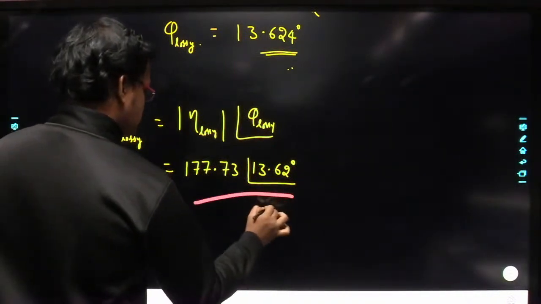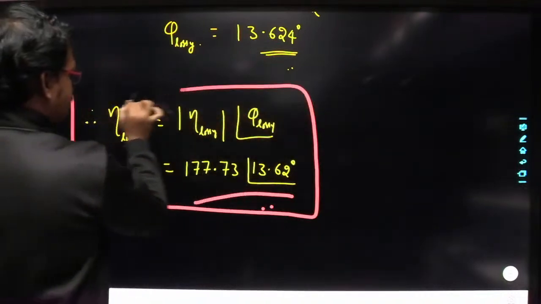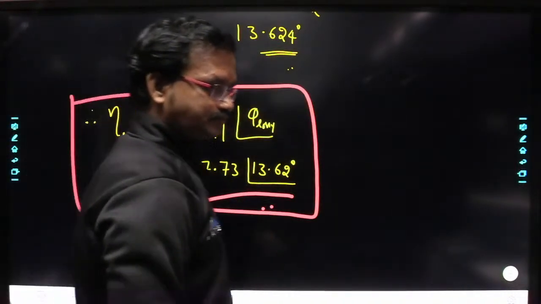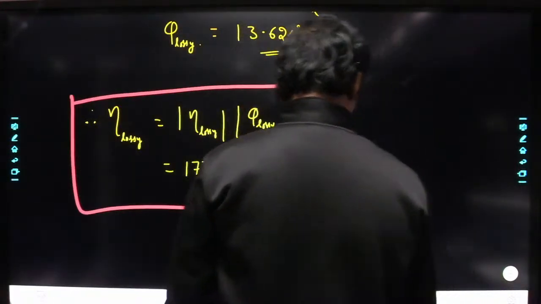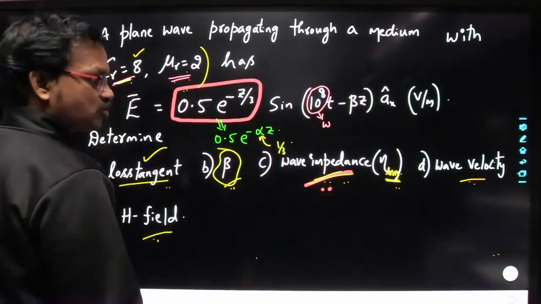So this is the answer we got for eta lossy. This is the intrinsic impedance of the medium. We have determined the wave impedance or intrinsic impedance; both mean the same.